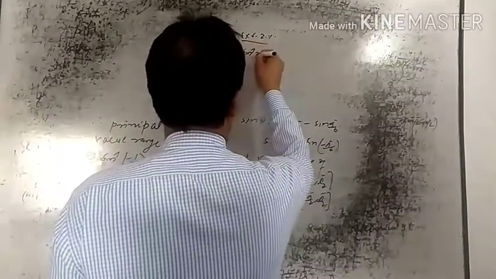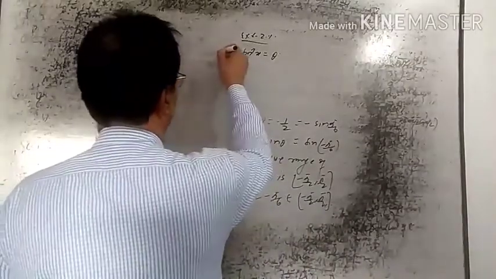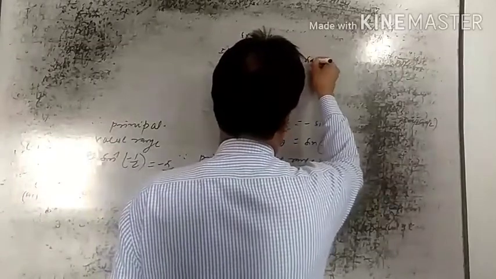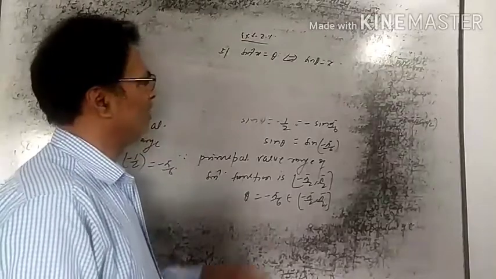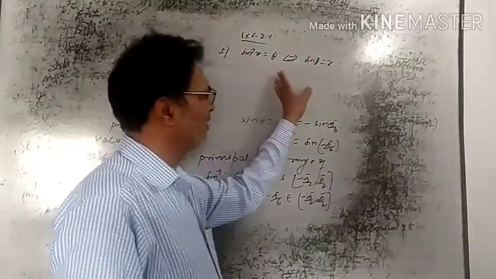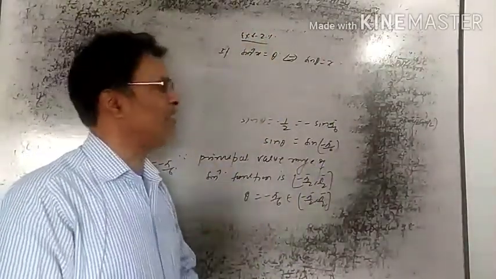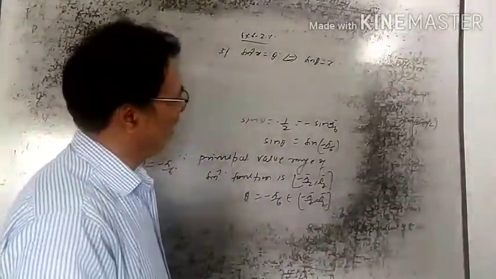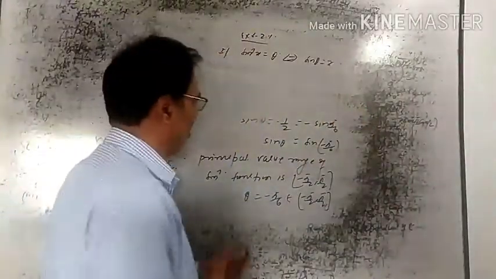Sin inverse x is equal to theta. Note that if sin inverse x is equal to theta, it implies that sin theta is equal to x. This is the conversion of an inverse circular function into a circular function, and a circular function into an inverse circular function. That means if sin inverse x is equal to theta, we can write sin theta is equal to x, and if sin theta is equal to x, we can write sin inverse x is equal to theta.